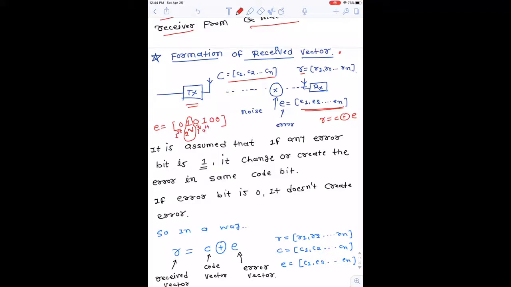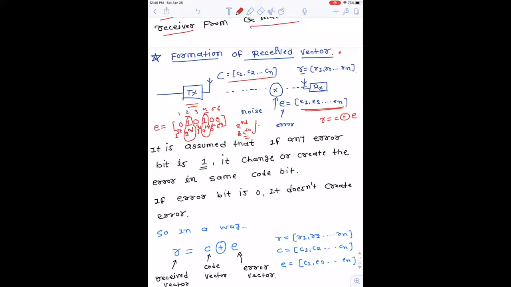But the fourth bit is 1, so that will produce an error. The fifth bit is 0, and the sixth bit again 0. So there are two places where the error vector can create an error, the second bit and the fourth bit. So that is 1, 2, 3, 4, 5 and 6. So at the second and fourth places, the error vector is 1, so it will produce an error.